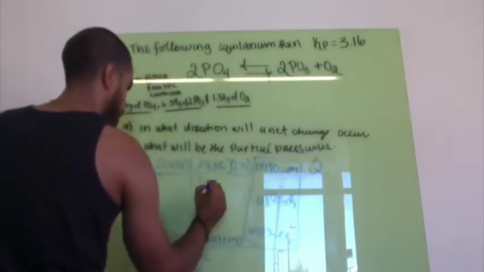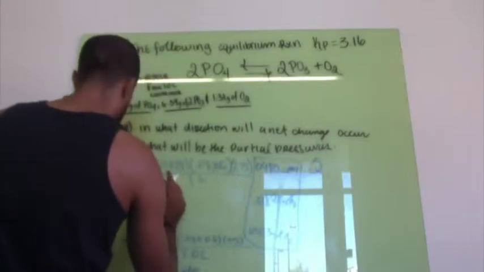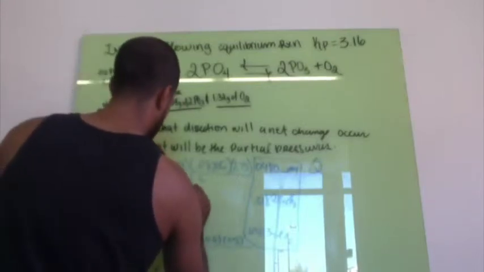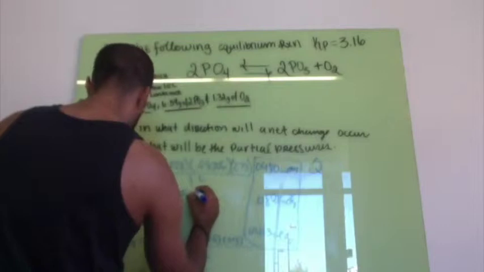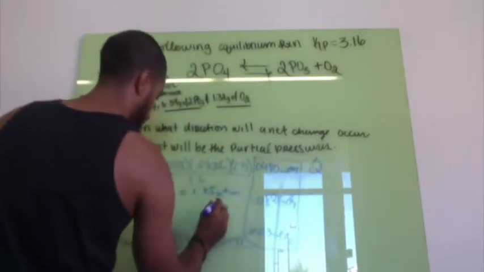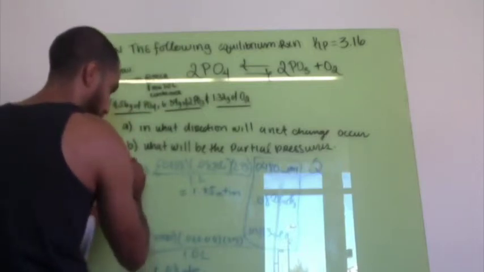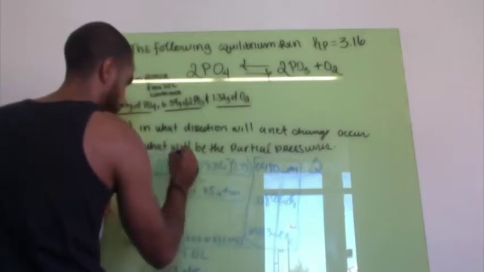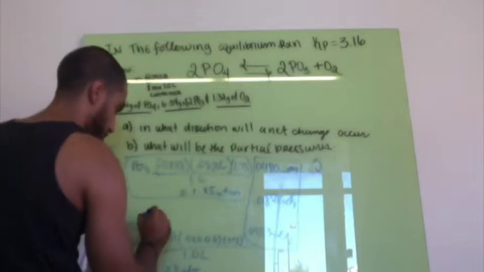And from that we will get 1.858. So box this in. Also box this in.